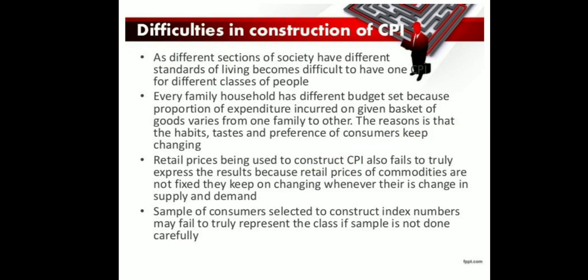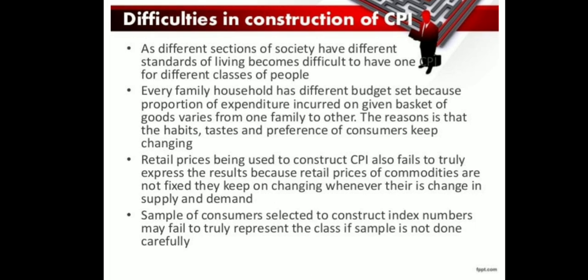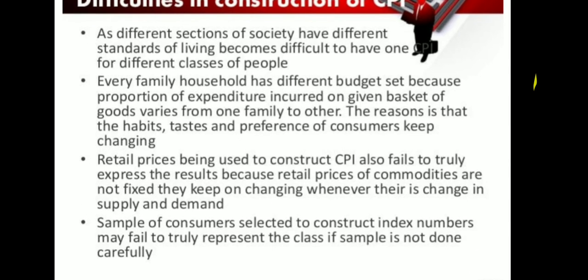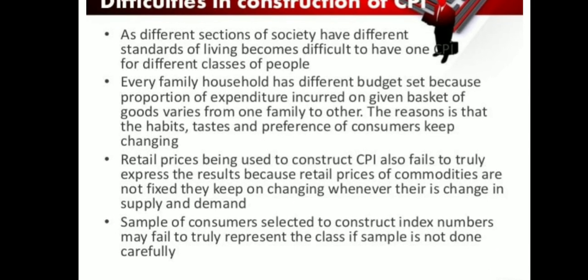Now the difficulties. As different sectors of society have different standards of living, it becomes difficult to have only one index, the same unit, for the different classes of people. Every family household has a different budget set because the proportion of expense differs, as I said earlier.